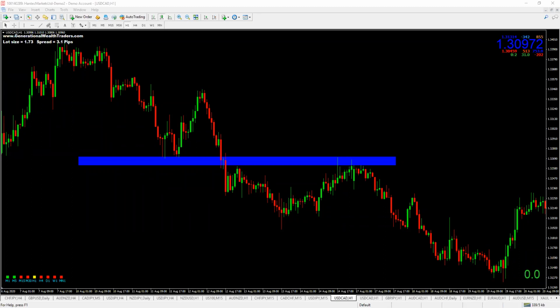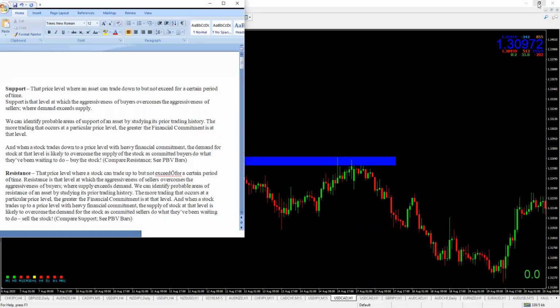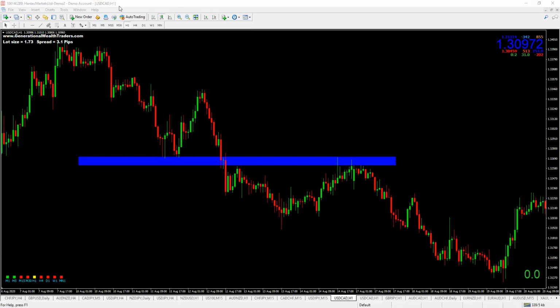On the higher time frame, it is where supply exceeds demand. Now let's look at that closely. I have explained it from one perspective. Let's see if we can explain it in a different way as well.